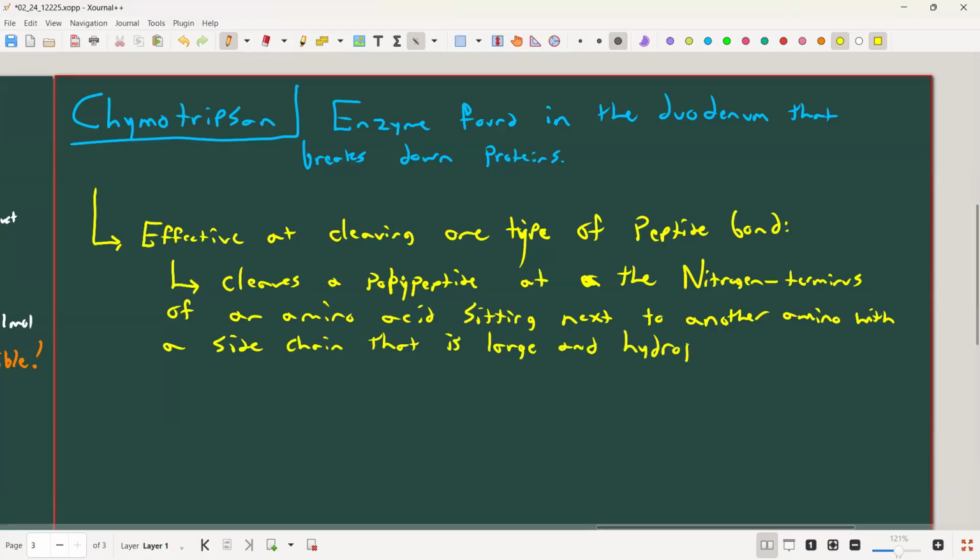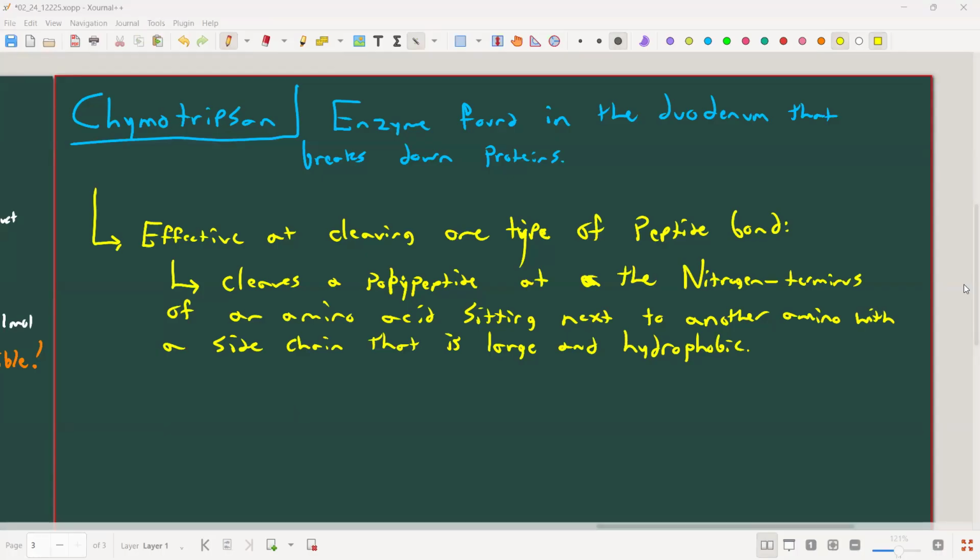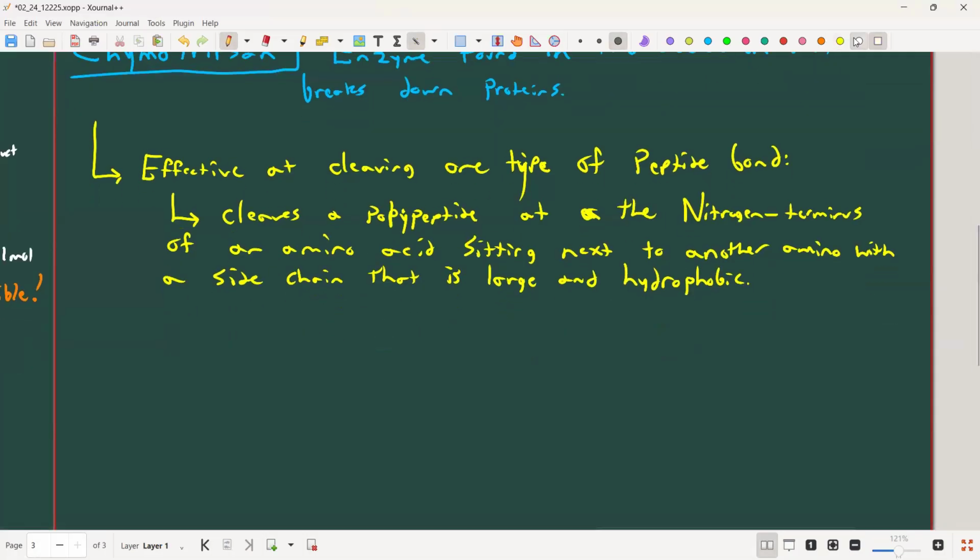I'll draw a picture of this so you guys can see this. Again, I'm assuming a little bit, if you don't understand what an amino acid is, but let me draw it. So let me show you an example. For instance, maybe we have some peptide, something that's come from our food.